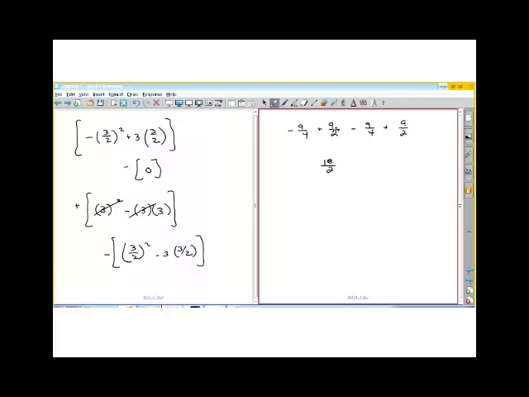So 9/2 plus 9/2 is 18/2, and then we'll have negative 18/4. Okay, multiply that by 2, you get 36/4 minus 18/4, which is going to be 18/4. And that should be the answer.